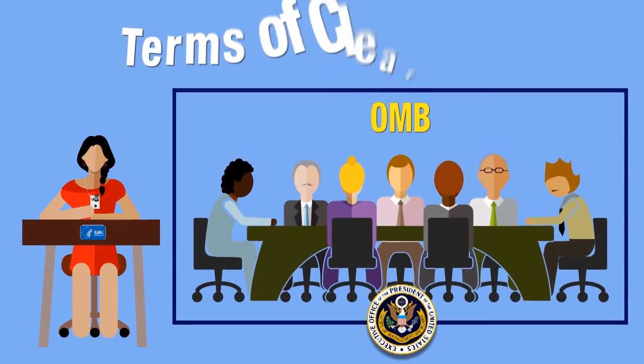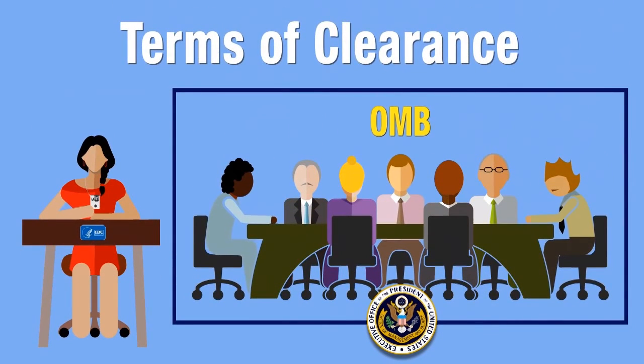Additionally, OMB may attach terms of clearance to an approved information collection request. The notice of action will also include the terms of clearance.